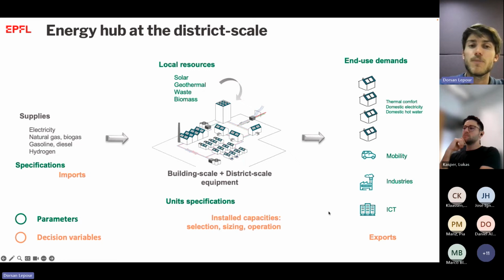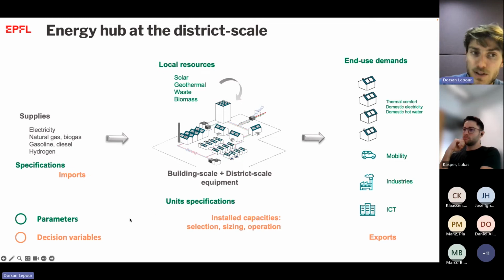Now, in the perspective of my district as an optimization problem to solve in order to minimize a particular objective, I can now distinguish the parameters from the decision variables. What you see in green are the parameters: the end-use demands of my territory, the specifications of the supplies, for example, the cost, the carbon footprint, the availability of the supplies, the specifications of the units, so the specific cost, efficiency, some life cycle parameters, and some local resources that are available.